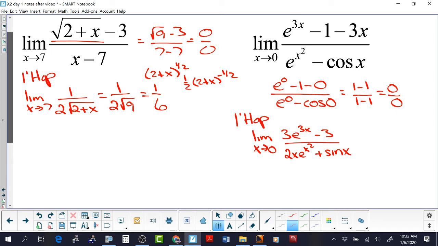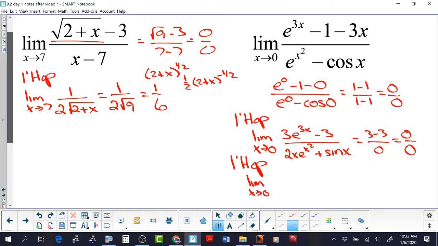So e to the x squared, derivative of that is e to the x squared, but then times the derivative of the inside, that's where the 2x comes from. Now if we plug 0 in, e to the 0 is 1, so we get 3 minus 3, e to the 0, 1 times 0 is 0, sine of 0 is 0. 0 over 0. We get to have more fun.